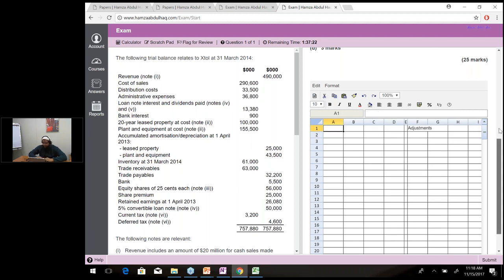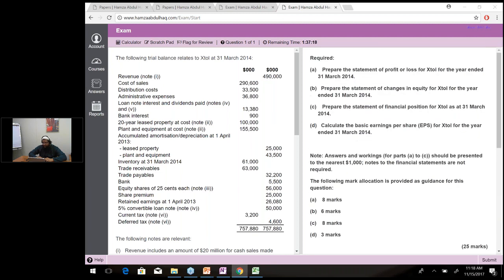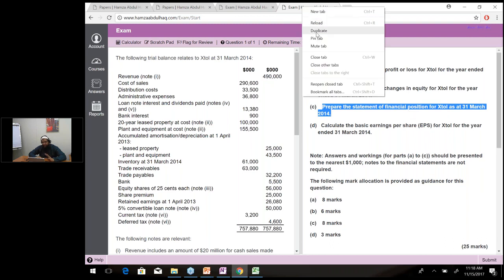So let's check what is the requirement of the question. The question's requirement is to prepare the statement of profit or loss for Extol for the year ended 31st March 2014. So we are going to prepare the P&L and prepare the statement of change in equity for Extol for the year ended 31st March 2014. And then we have to prepare the statement of financial position. So there are total 3 requirements.